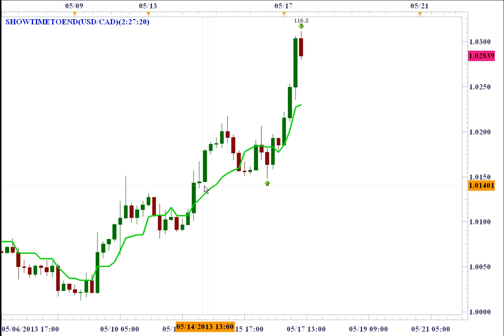So it's like a moving average, but unlike a moving average, which measures the closing price, we're measuring the highest and the lowest. So it's basically giving us the average of what the market is doing, the average of what price is.